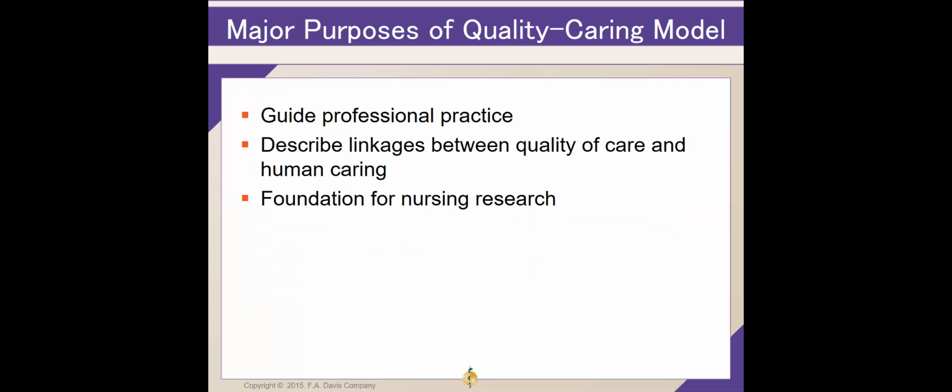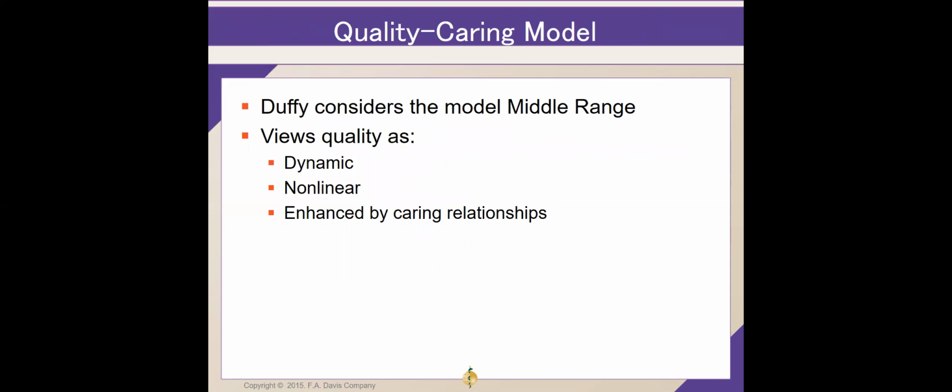So the purpose of the model is to guide practice and describe the linkages between quality of care and human caring. And this was the foundation of this model, was used in nursing research. The middle range theory views quality as dynamic, nonlinear, and enhanced by caring relationships.